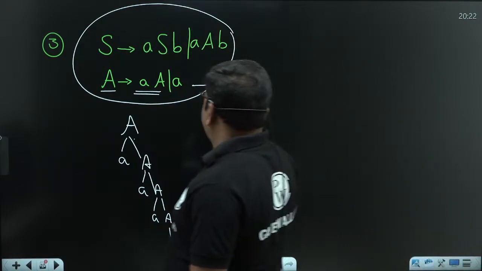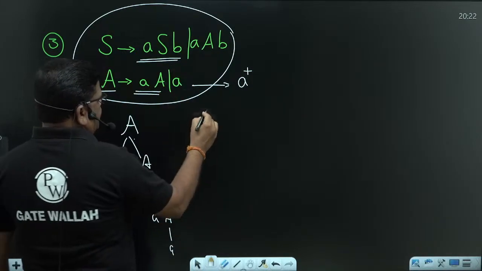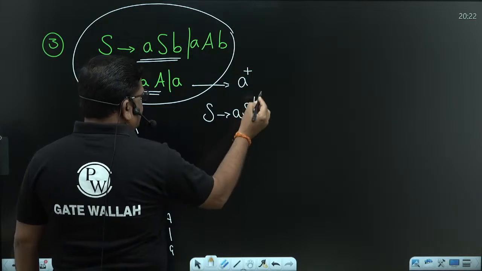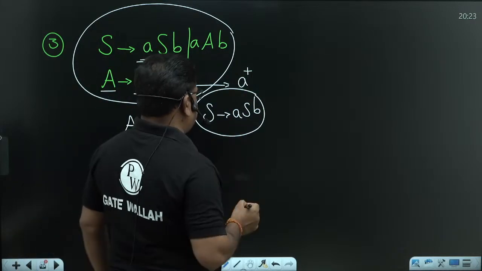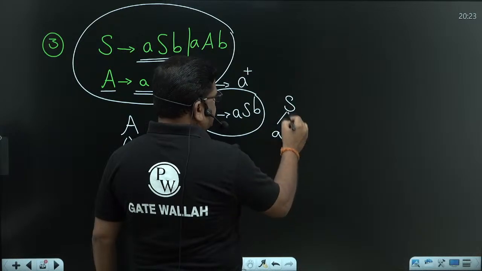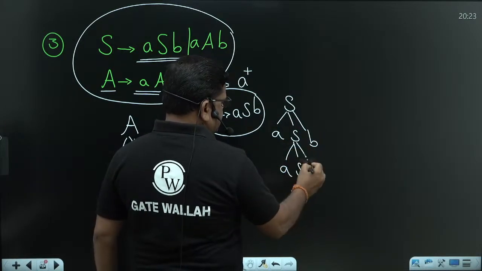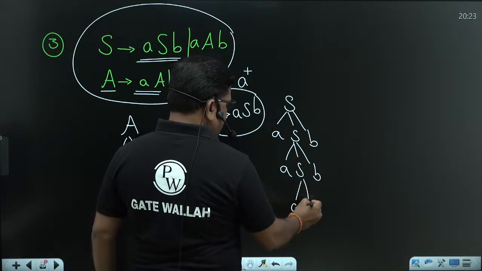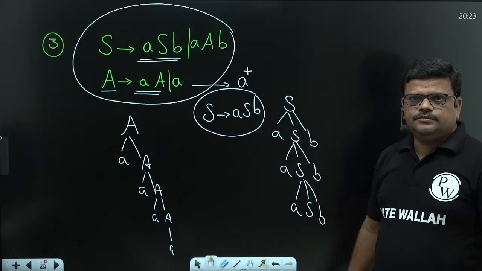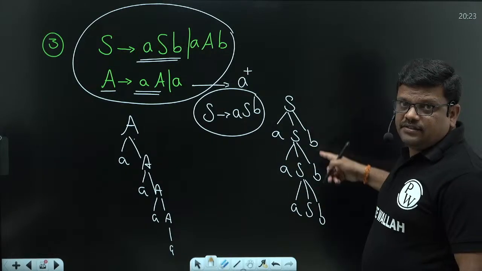Now come to this production. S gives a S b. What type of string does this production generate? If you observe the derivation tree of this production, the number of a's on the left-hand side and b's on the right-hand side are equal.